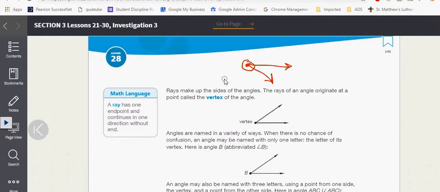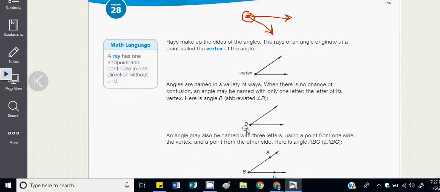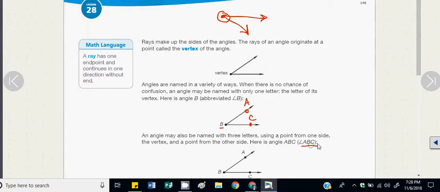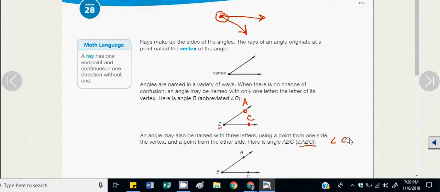Angles are named in a variety of ways. You can name it with one letter, and that would be by putting it next to the vertex here. You could also do it with three letters by putting a point on either side, maybe A and C, so we could call it angle ABC. You can also call it angle CBA.